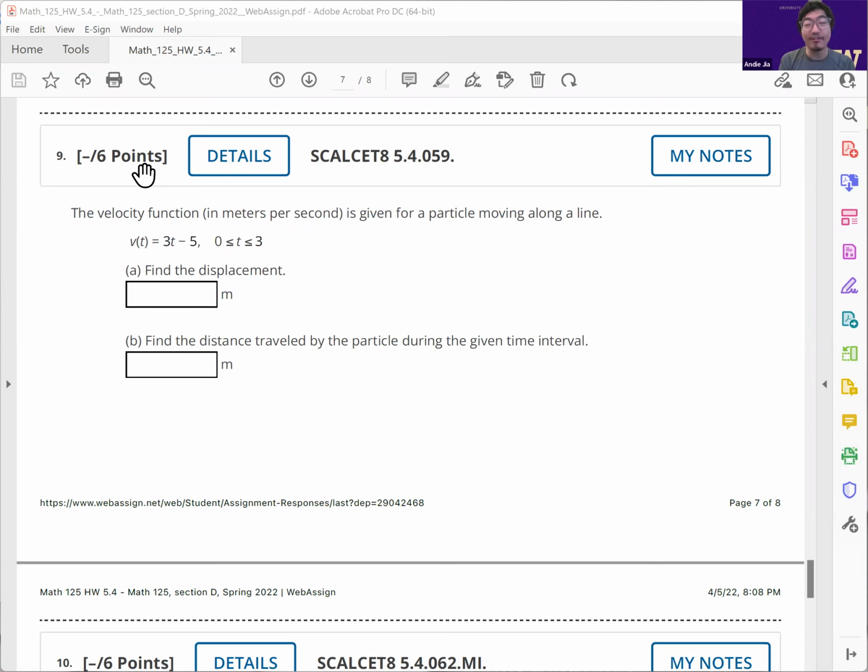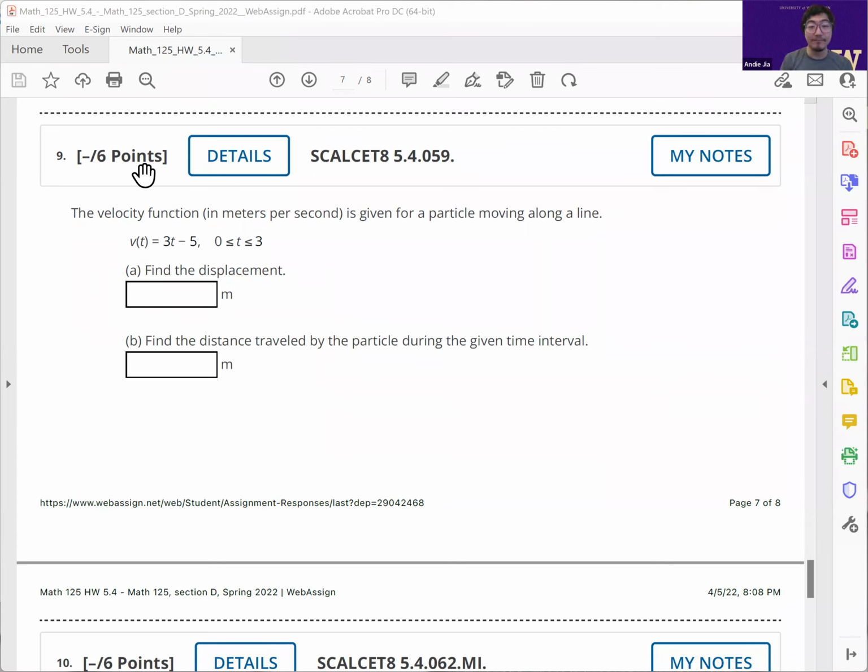It cannot be negative or 0, because it's like the accumulation of all the movement.